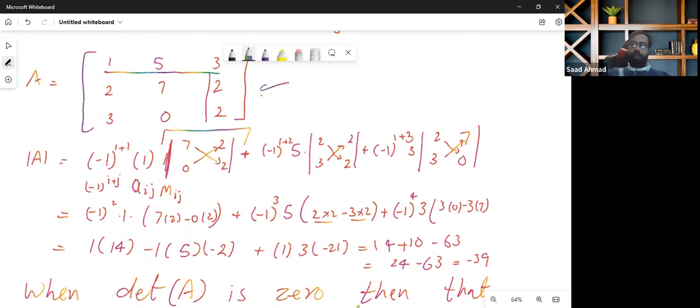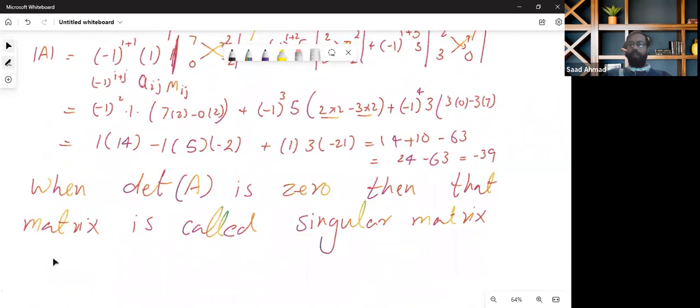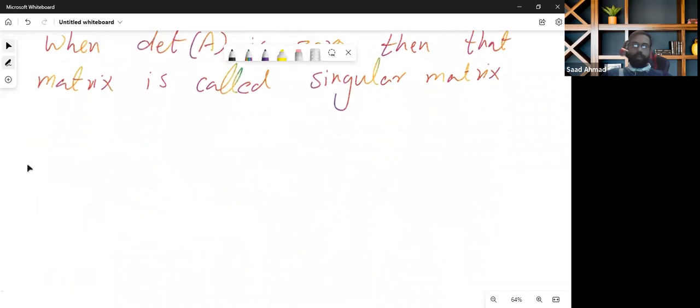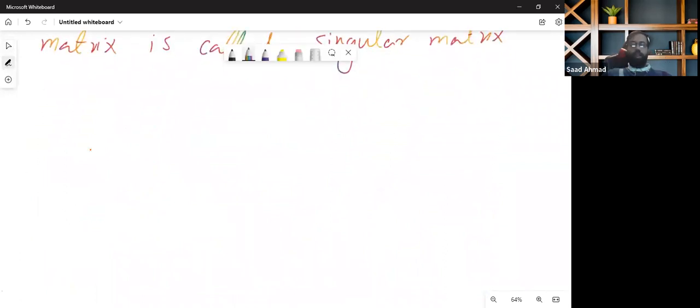But if the original one is a 4 cross 4, then we will get 3 cross 3 matrices, and we will have to solve 4 determinants of 3 by 3 to get the answer for a 4 by 4 determinant. So that's a lot more complicated and will take a lot of time.